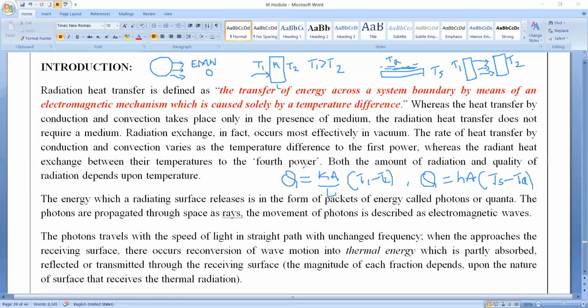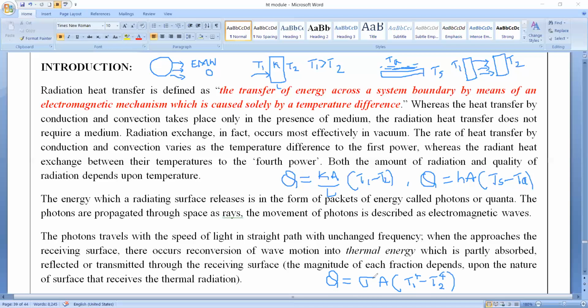But in radiation, the rate of heat transfer Q depends on the fourth power of the temperature. The rate of heat transfer by radiation is given by Q = σA (T1⁴ − T2⁴).